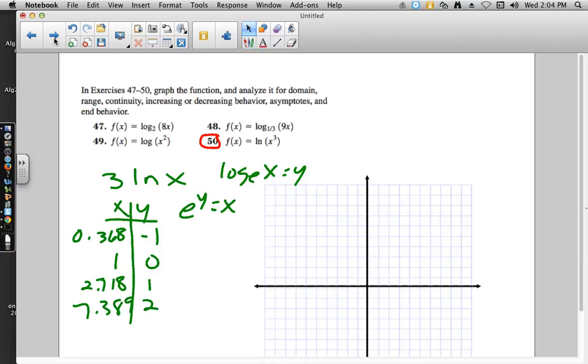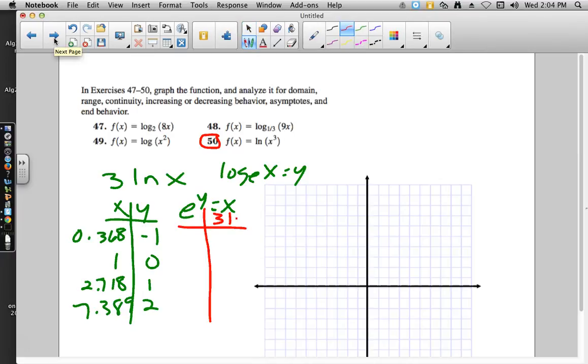But we do have a 3 in front of this. And we know that what we're going to have to do is evaluate the natural logarithm first and then multiply the output by 3. So all of these outputs need to be multiplied by 3. And again, we're not going to be graphing that middle. And this time there will be no right and left to our graph because this would be a power of 3, which means we cannot use the negatives.